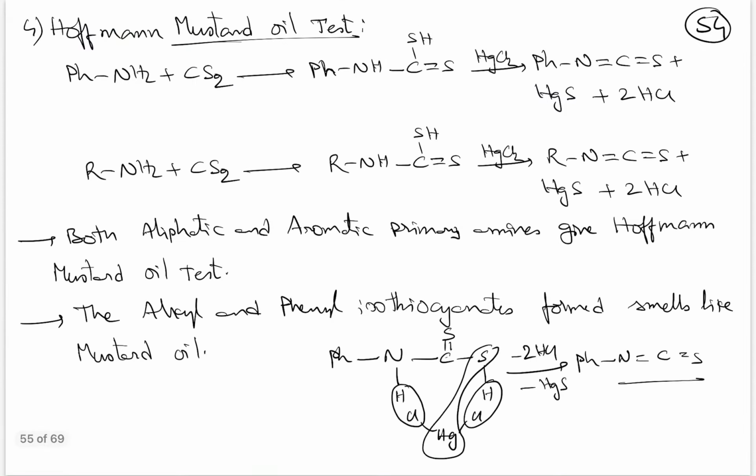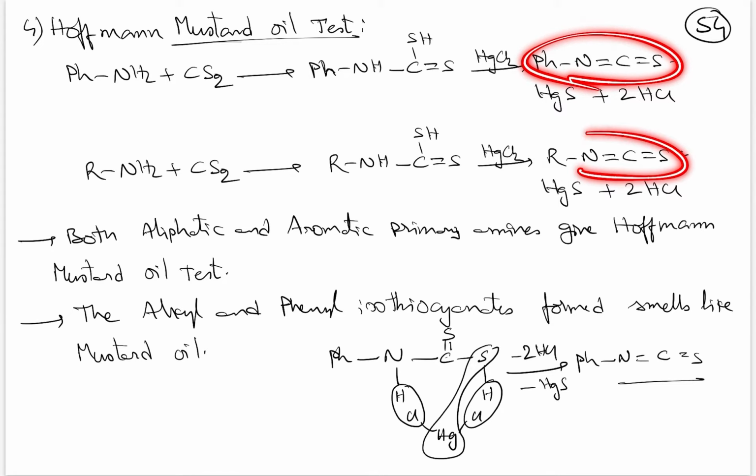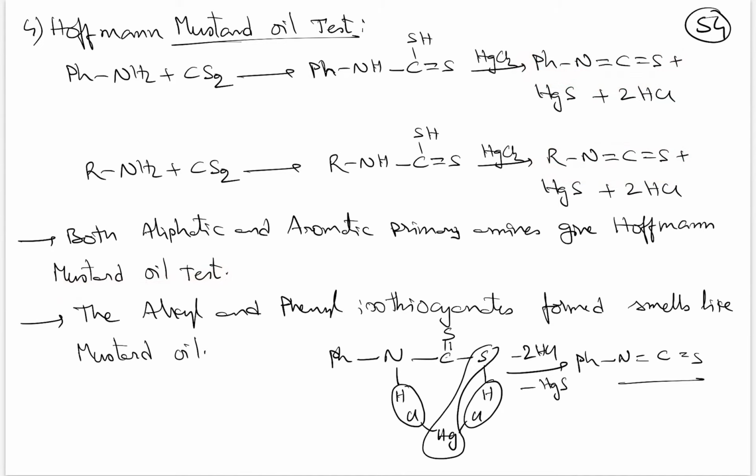Okay. The next is the Hofmann mustard oil reaction. This reaction is also important for the identification of primary amines, both aliphatic and aromatic primary amines. So first, the primary amine will be treated with carbon disulfide and will give an addition compound like this, and on treatment with HgCl2, there will be formation of phenyl isothiocyanate and alkyl isothiocyanate, and these compounds will smell like mustard oil.